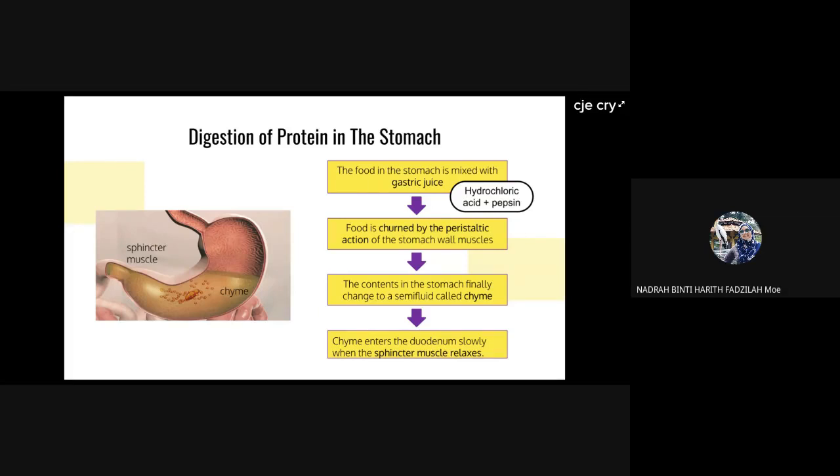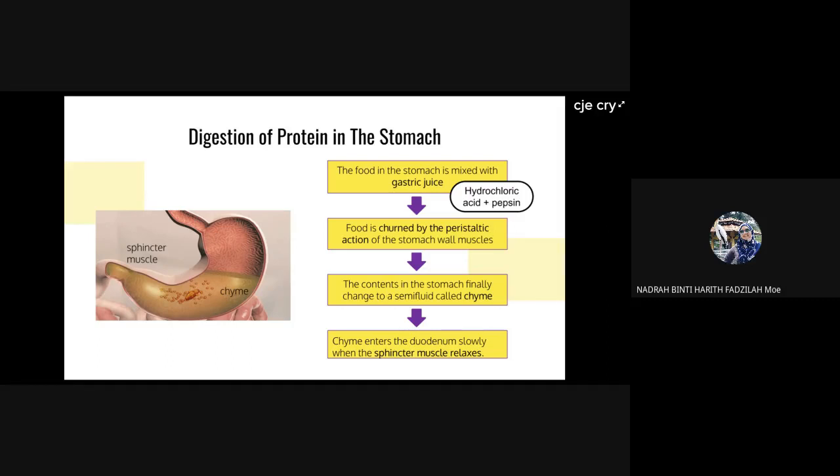So gastric juice will combine with food and be churned by the peristaltic action of the stomach wall muscle. Tadi peristalsis kita cerita berlaku dekat esophagus, kan. Dalam perut pun sama, our stomach also has smooth muscle tissue that can contract and relax to conduct peristalsis.